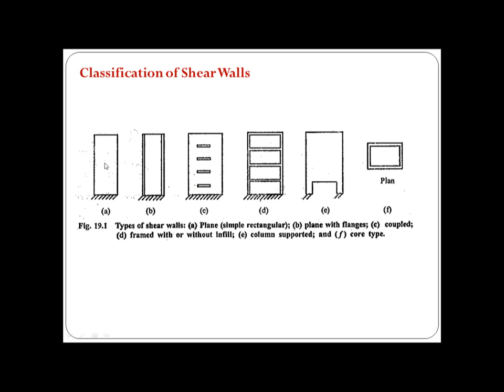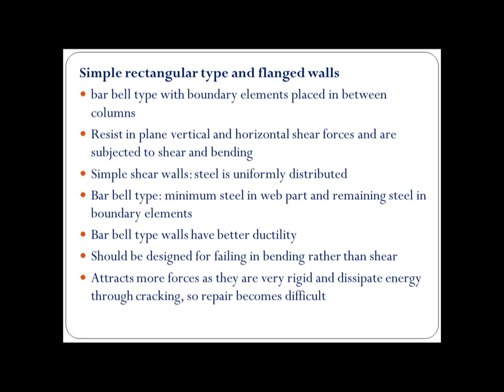The first one represents a simple rectangular shear wall. B represents flanged walls, where we have columns or some boundary elements which act as flanges. The third one is the coupled shear wall. D represents framed shear wall, and then column supported shear walls, and then core type shear walls.